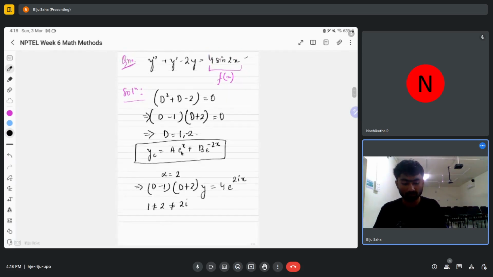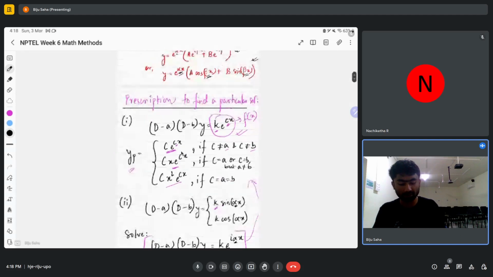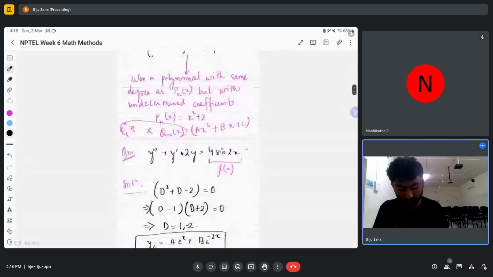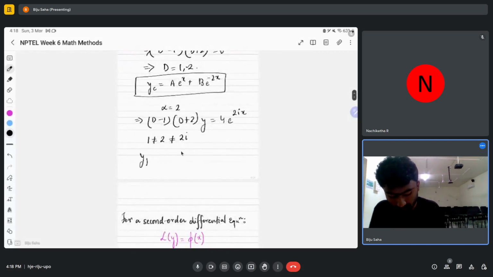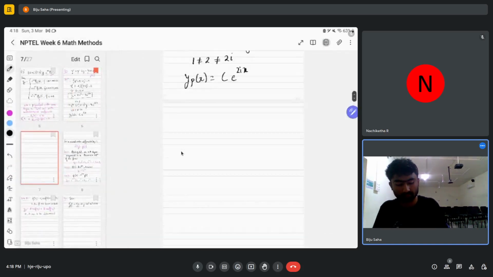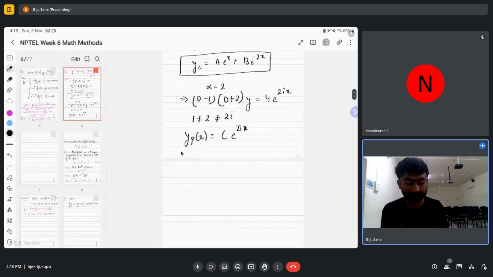So from that you can say that your particular solution will take the form given here. So this is the form of a particular solution.